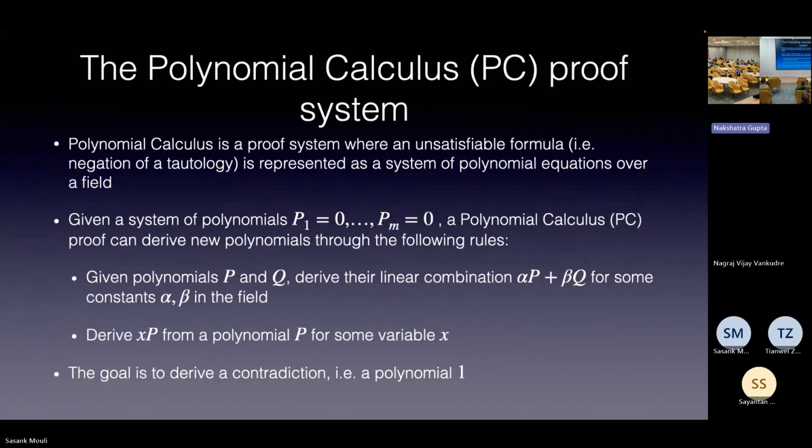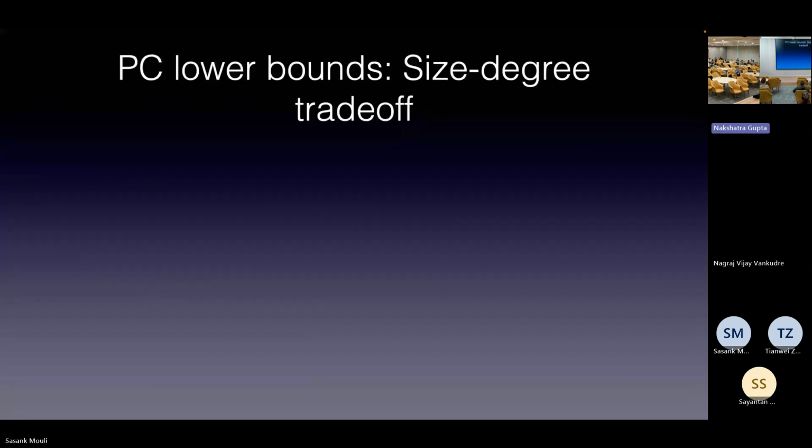Since this proof system was introduced in maybe '93 or '94, people have done a lot of work on proving lower bounds for it, in the sense of which formulae require large proofs to refute in this proof system.